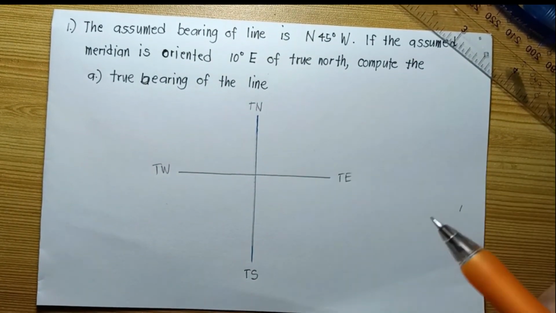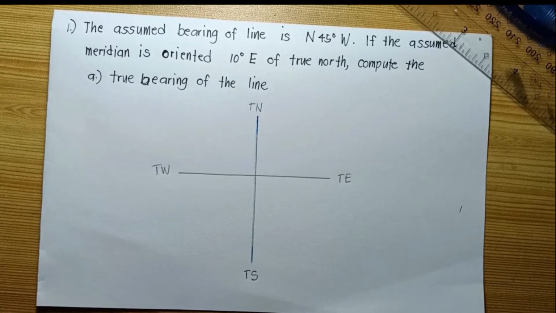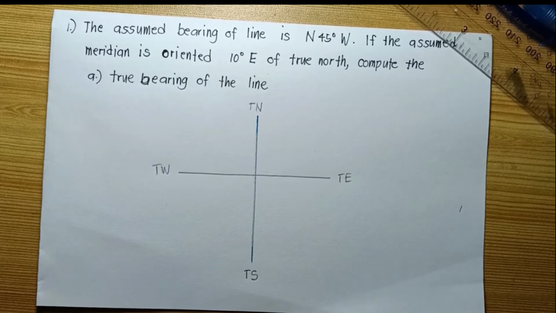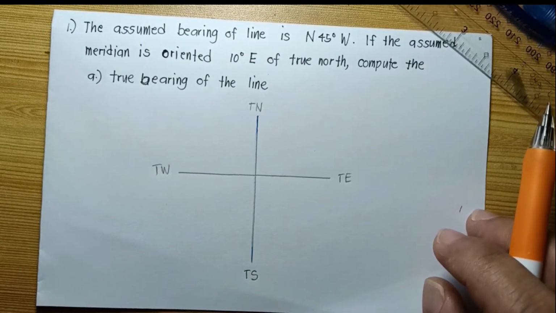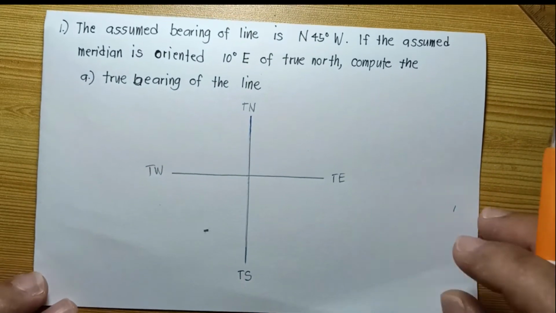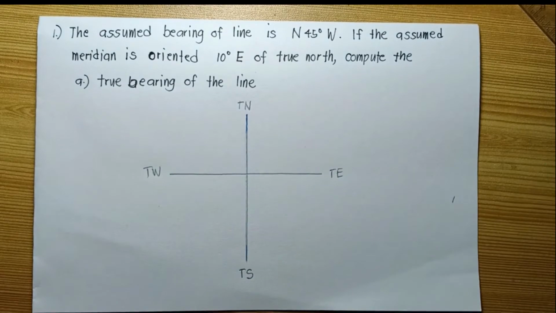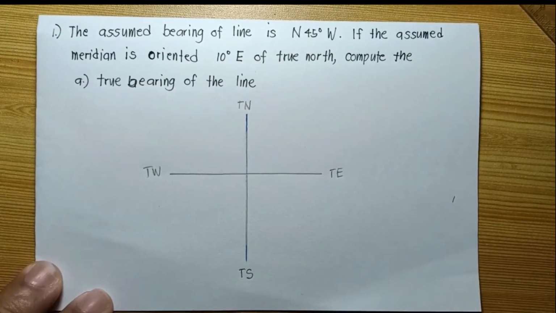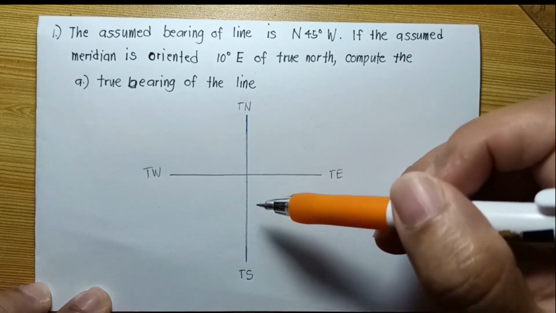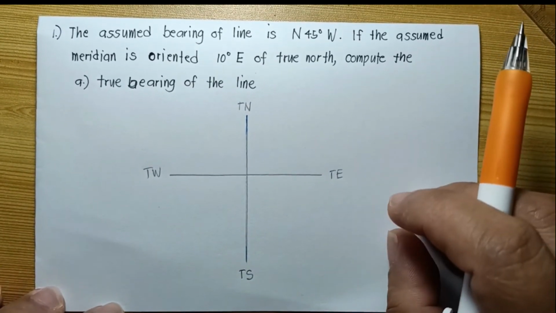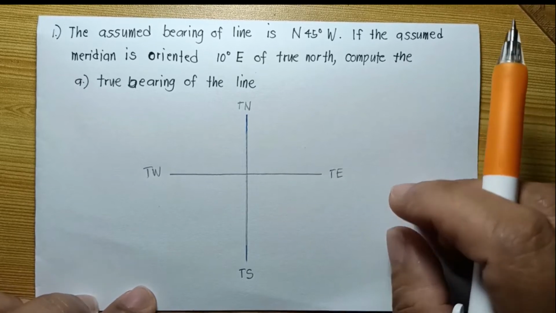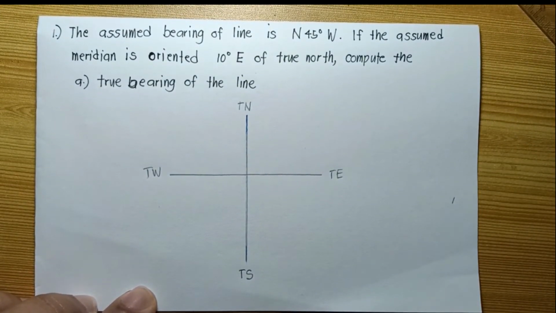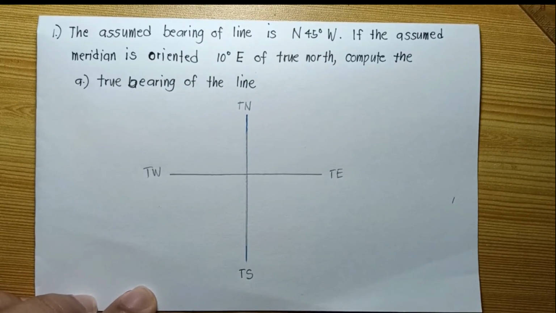Once you have the true meridian, the next thing you are going to do is plot the other meridians, meaning meridians other than the true or geographic meridian.